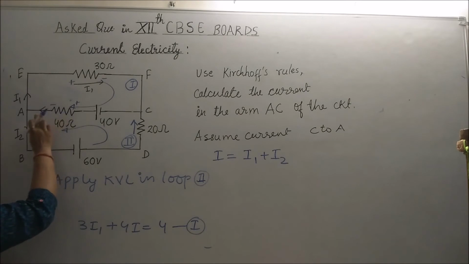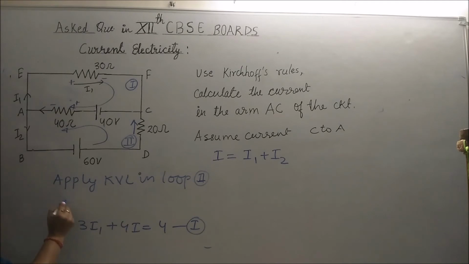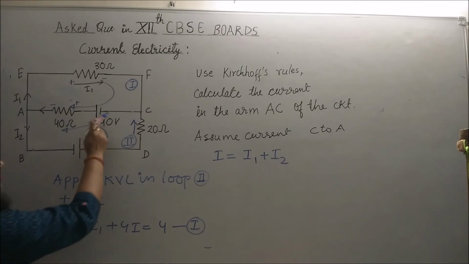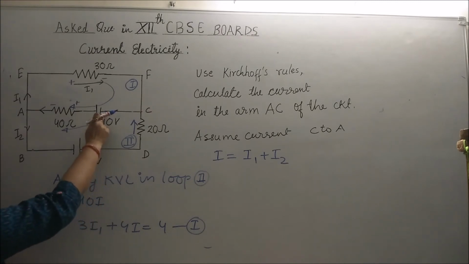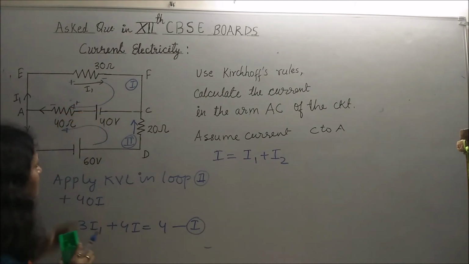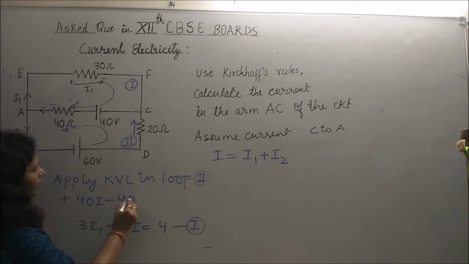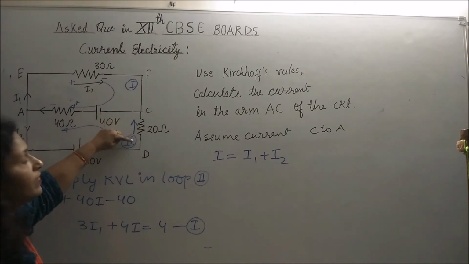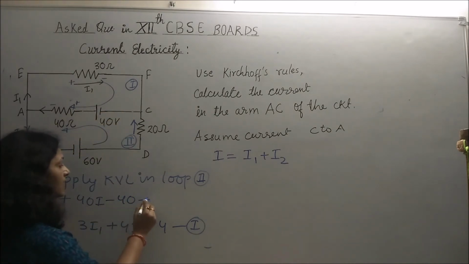First here current is moving in this direction and we are moving opposite to that, so take this sign as plus. It is 40I. The sign that comes last in our path is minus 40. Here we are moving opposite to current, take sign as plus.